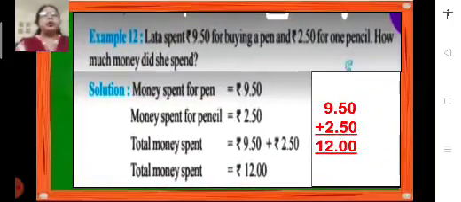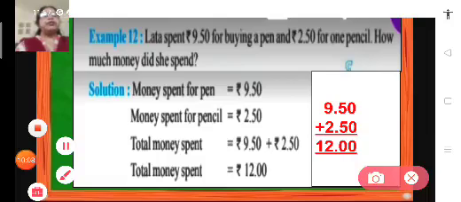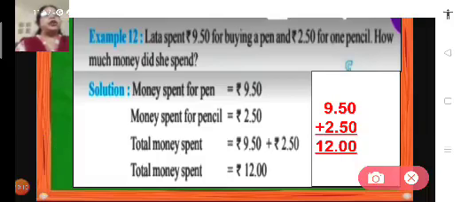Now let's see how we solve problems like addition and subtraction of decimal numbers. So we have a problem here. Lata spent rupees 9.50 for buying a pen and rupees 2.50 for one pencil. How much money did she spend? So the money spent for the pen is 9.50 and for the pencil is rupees 2.50.